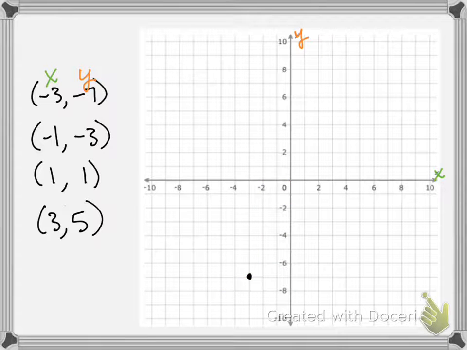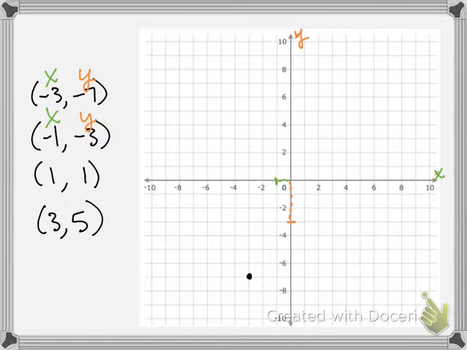Okay, so we're just going to move on to the next point and do the same thing. Here's our x. Here's our y. So I'm going to keep going. We're going to start at the origin, go over to -1, which is right here, and then go to the origin to find where y is -3. So I need to go down to -3, which is in between -2 and -4.